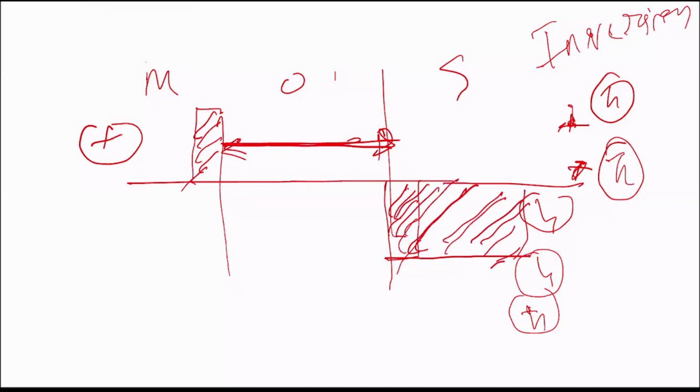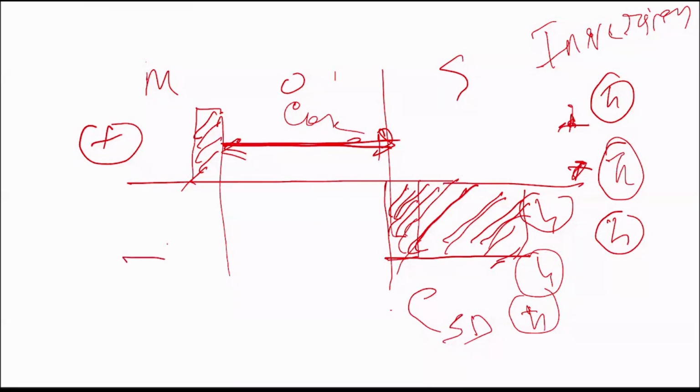One is the negative charge and there are holes, right? So we have two different capacitances: the oxide capacitance and the depletion capacitance, CSD.